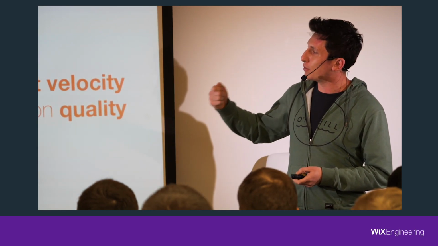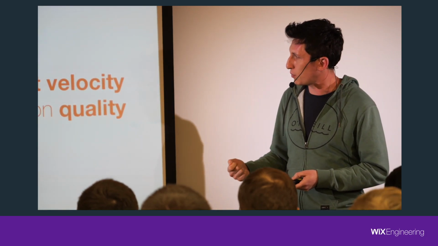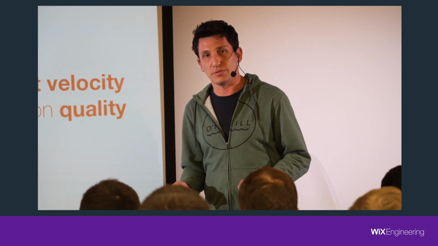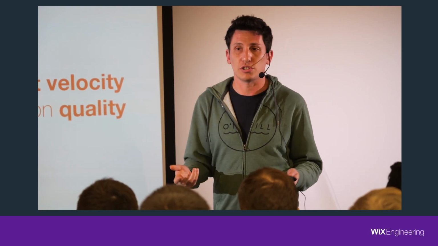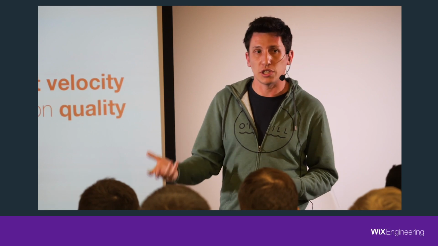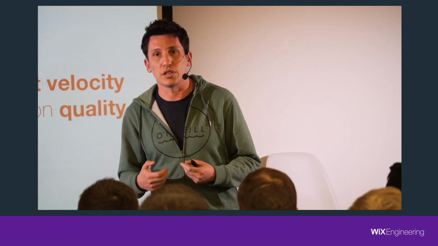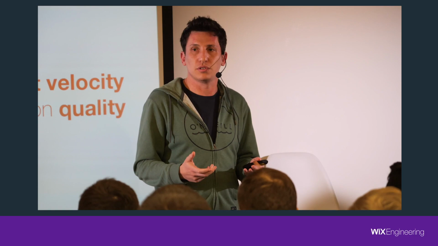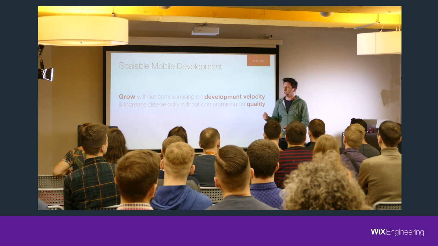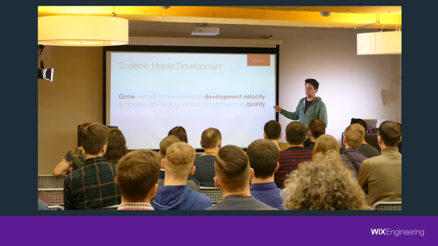And you want to be able to increase the development velocity without compromising on the quality. The quality is, of course, performance, but also functionality and usability. The users have to know how to use your application, and you don't want to compromise on this.